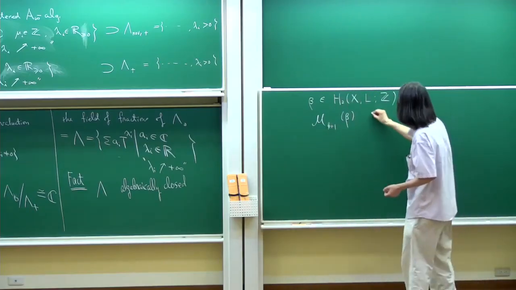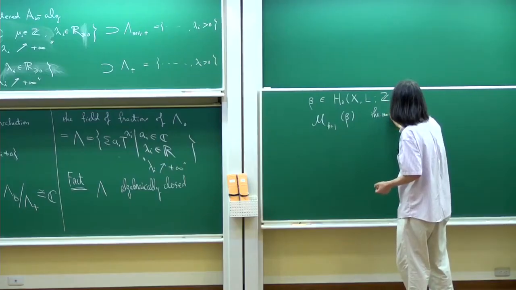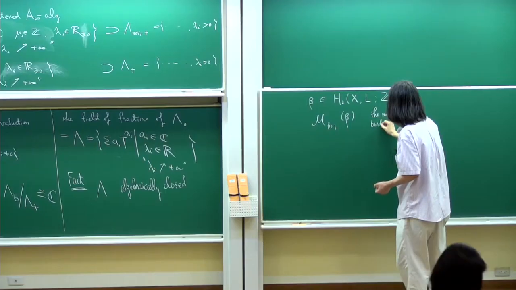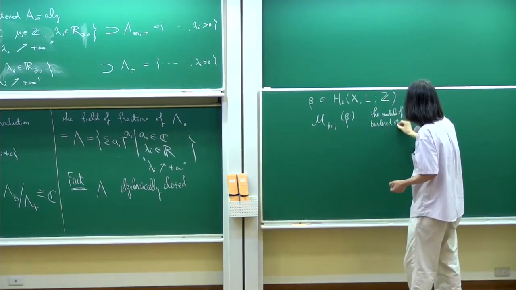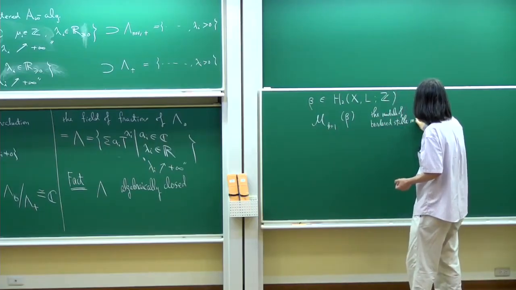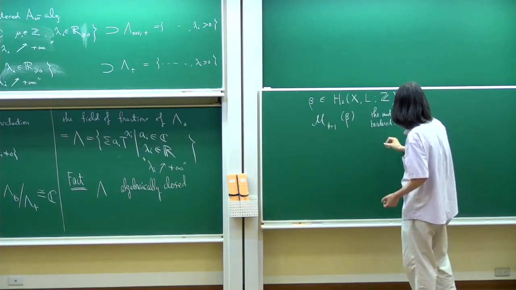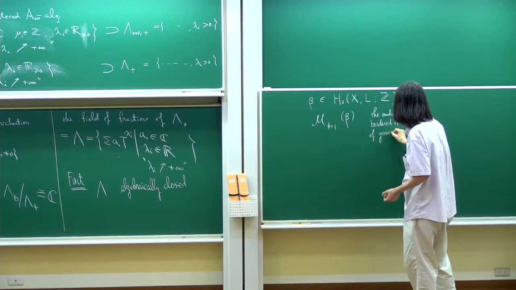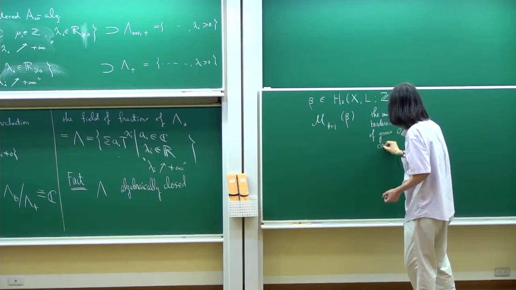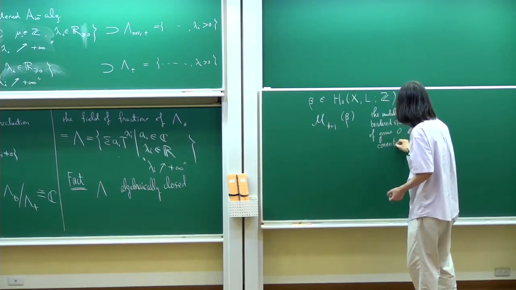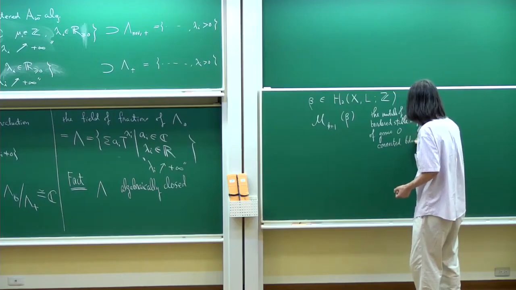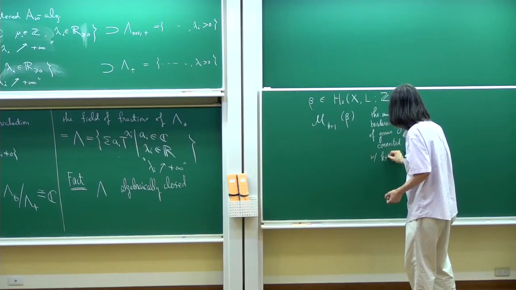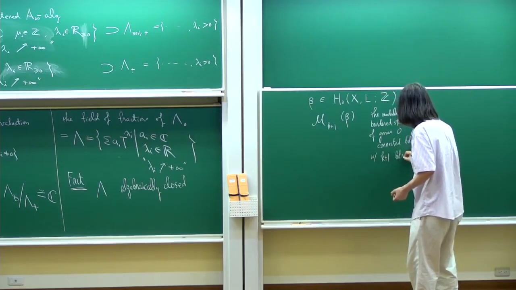So this is a moduli space of bordered stable maps of genus 0 and connected boundary, and with k plus 1 boundary marked points.